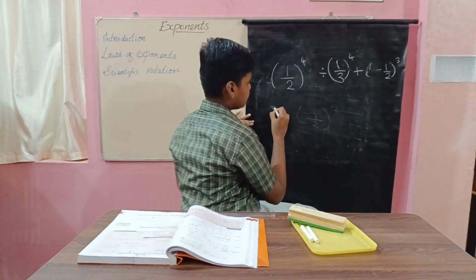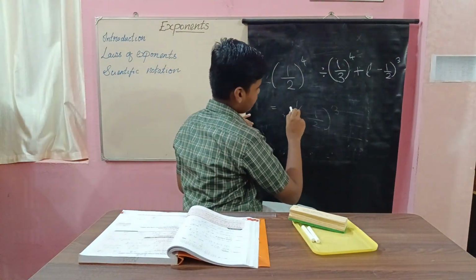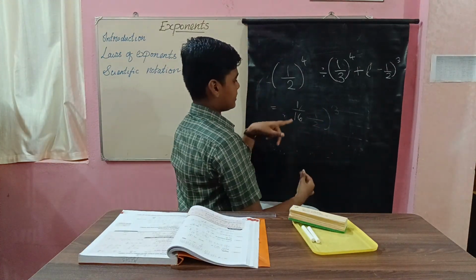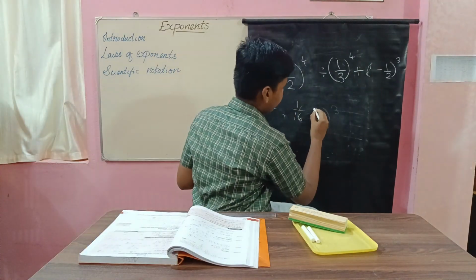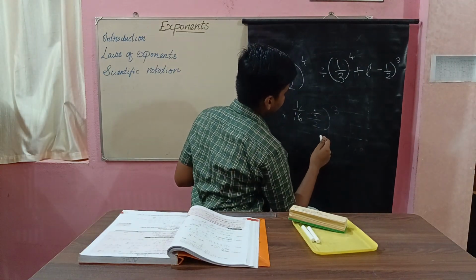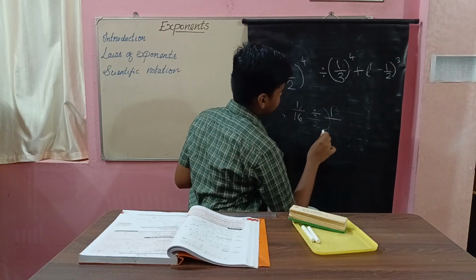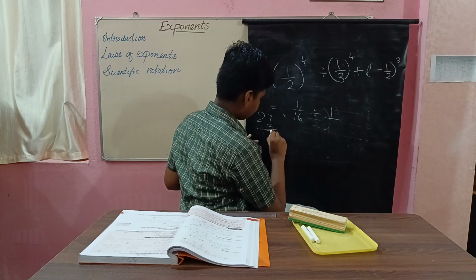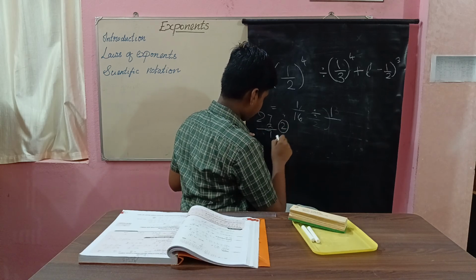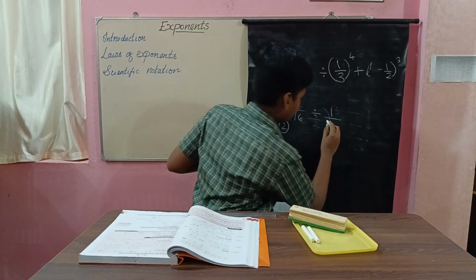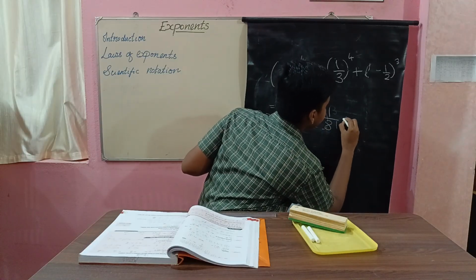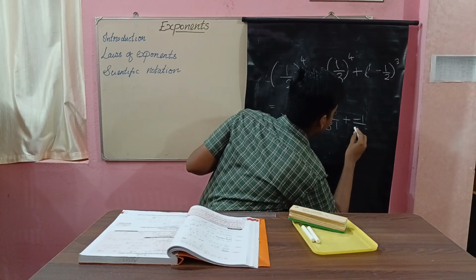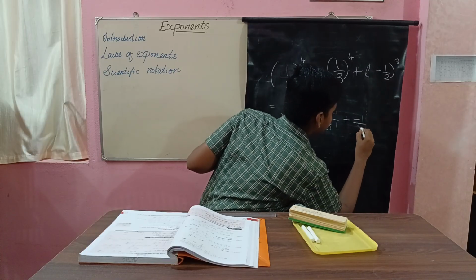Very easy. Just write it like this. So when I simplified this, I got 1 by 16 divided by 1 by 27 into 3, this one is 1, 2, 9, 81, so 1 by 81, plus minus 1 by 2 to the 4, 4 to 8.